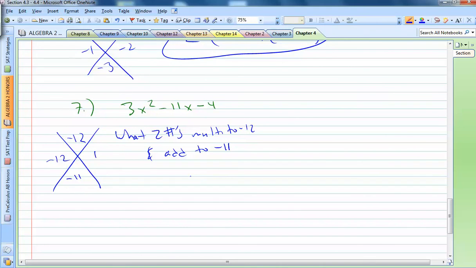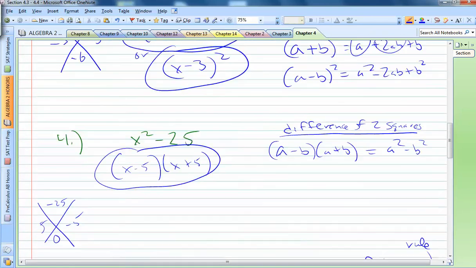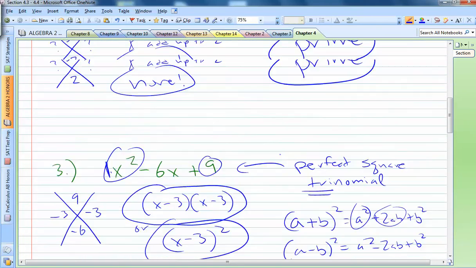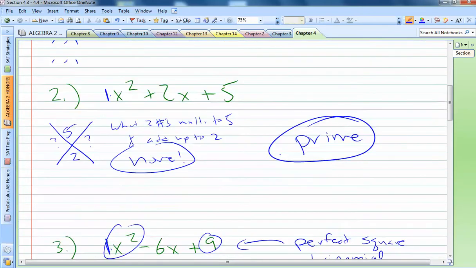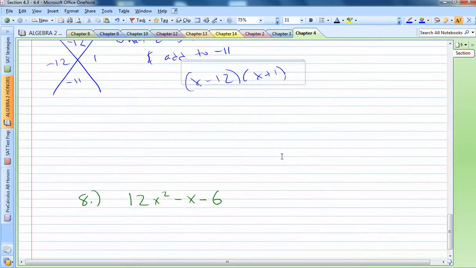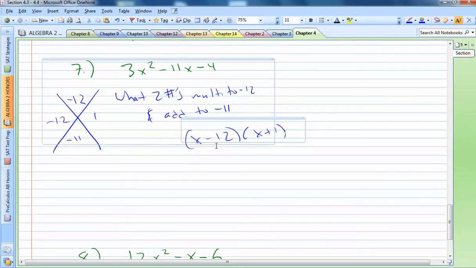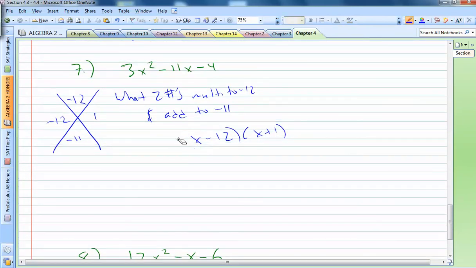So then we go to factor, but you can't say this like we did earlier with some of these other problems, like x squared minus 6x plus 9 or x squared plus 5x plus 4. After I did the diamond, we go straight to the factor form. We don't have that luxury with number 7 because if you FOIL this, you get x squared as your first term, not 3x squared. So that can't be done.